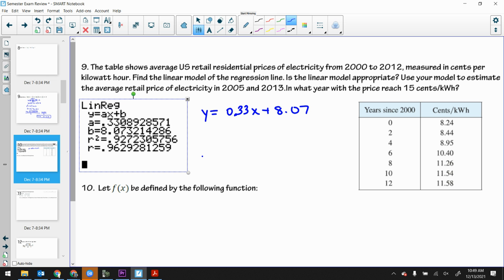Is a linear model appropriate? Yeah, look at my R value. When did that go up? Oh, just 3 seconds ago. My linear model is good because my R value is relatively good, right? Anything above 0.9, I would say is good.